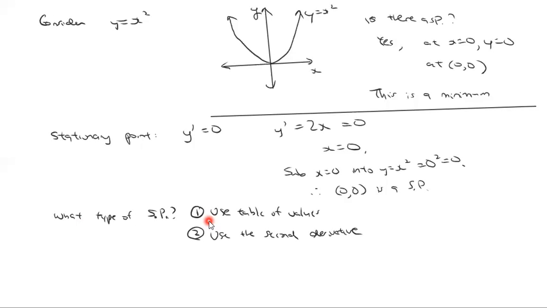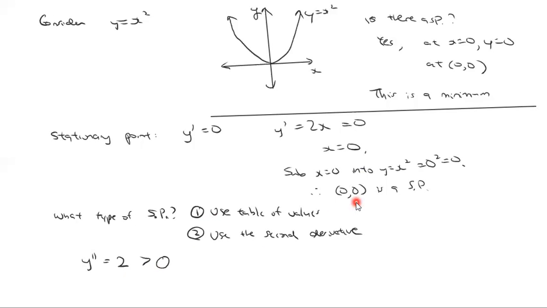So employing that method here, I'm going to work out the second derivative, which will simply be 2. And is 2 positive or negative? Positive. 2 is a positive number. So given that, I now have this scenario. I have already worked out that at point 0, 0, I have a stationary point. I've also worked out that at x equals 0, or any x for that matter, the second derivative is positive, which means it's concave up.